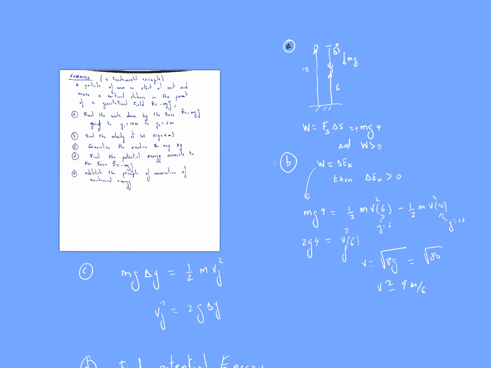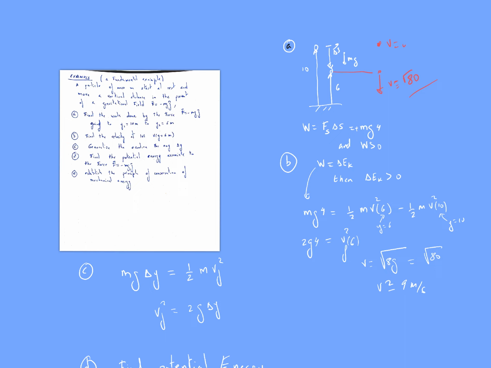So v will be the square root of 8g, or the square root of 80, which is approximately 9 meters per second. He started at point A with 0 velocity and arrived at this point with velocity square root of 80. So the velocity is increasing, the kinetic energy is increasing, and the work is positive.